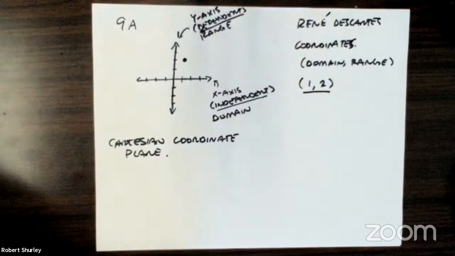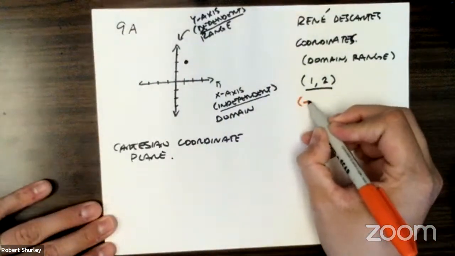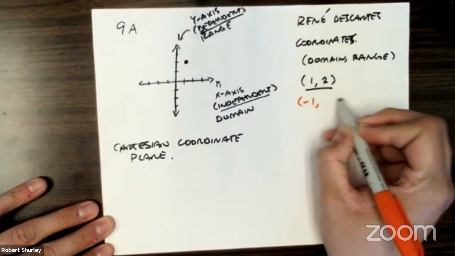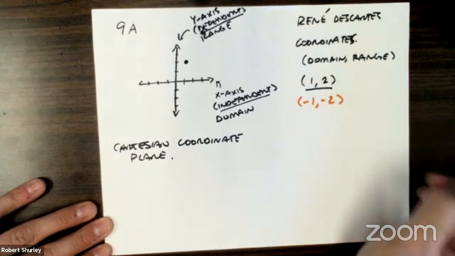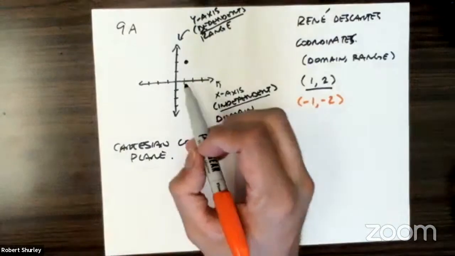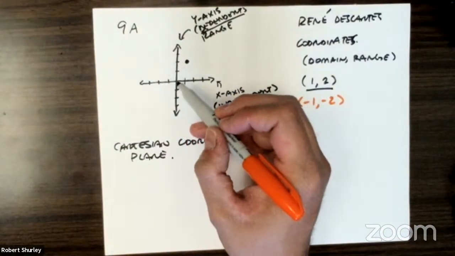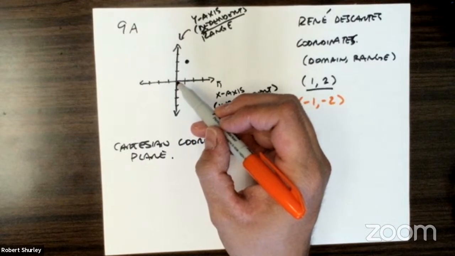Let's use some different colors here. So if we wanted the coordinate, let's say -1, -2. Okay, we'll change it up. -1, -2. Now, I haven't really talked about the positive and negatives, but this middle, where these x and y axes overlap, that's called the origin, and it's always 0, 0.